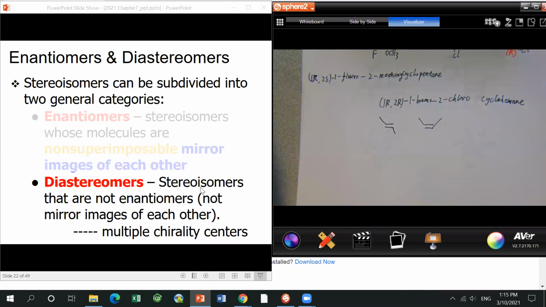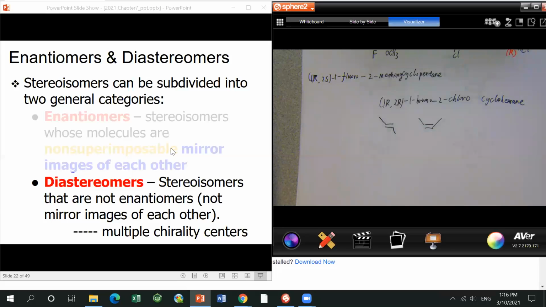We know that because of the same connections, just here one bond going up, one going down, and this one going in the same direction, so there's a different arrangement of the bond. And they are definitely not mirror images of each other. So they are stereoisomers but not mirror images, and we can call them diastereomers.